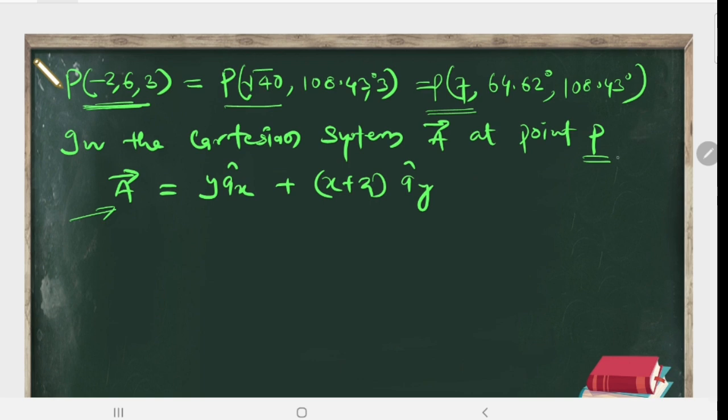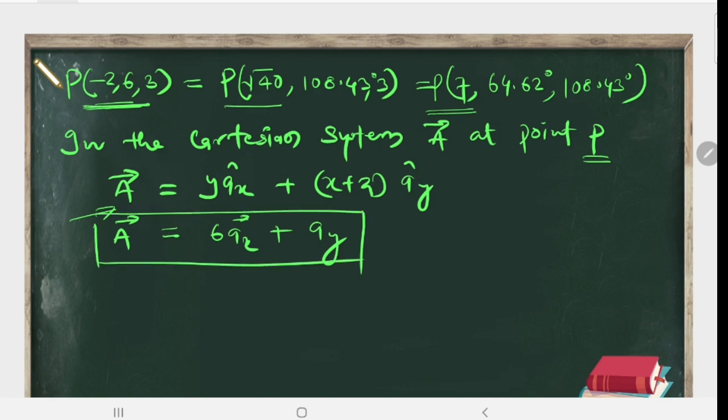The values of x, y, z at point P are given, so we have to substitute these values in this vector. So y is 6, giving 6 ax, plus (-2 + 3) ay. So this is the vector A which you have calculated at point P.